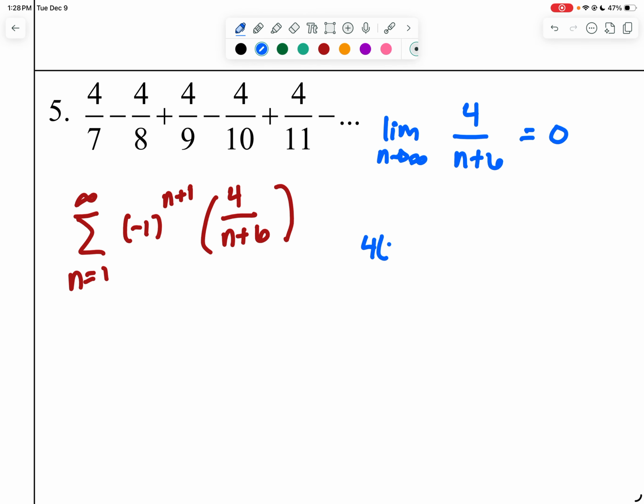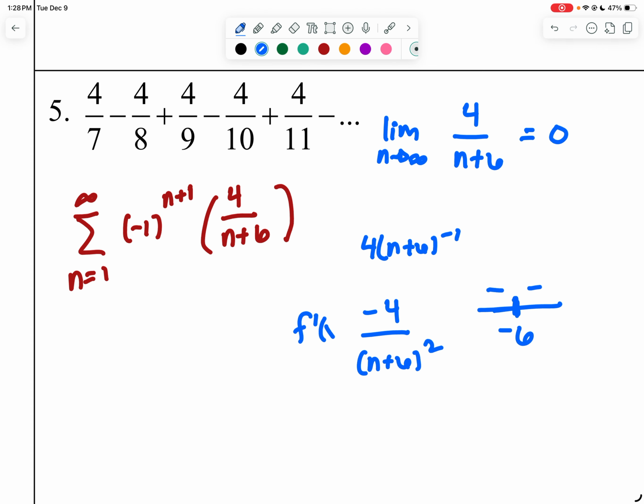Lucky for us, that's just going to be negative 4 over n plus 6 squared, and then at negative 6 we can make our little thing, because that's my critical point, that's where it's undefined, but you'll see that it's always negative anyways, so this means that my terms are always decreasing.